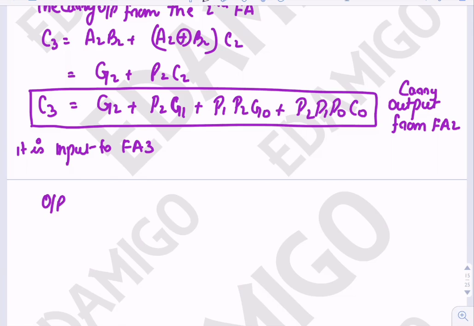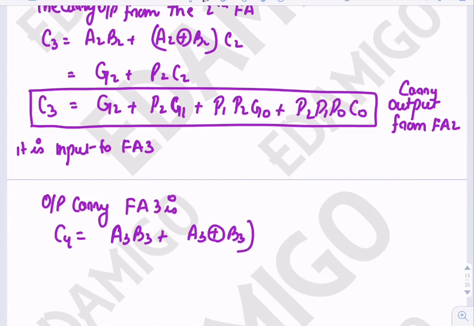Now the output carry from full adder 3 is C4, that is equal to A3 B3 plus A3 XOR B3 into C3.